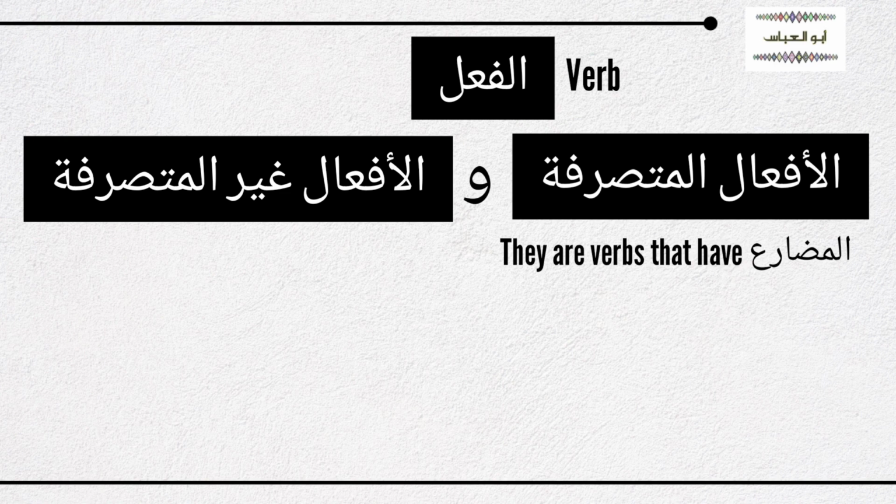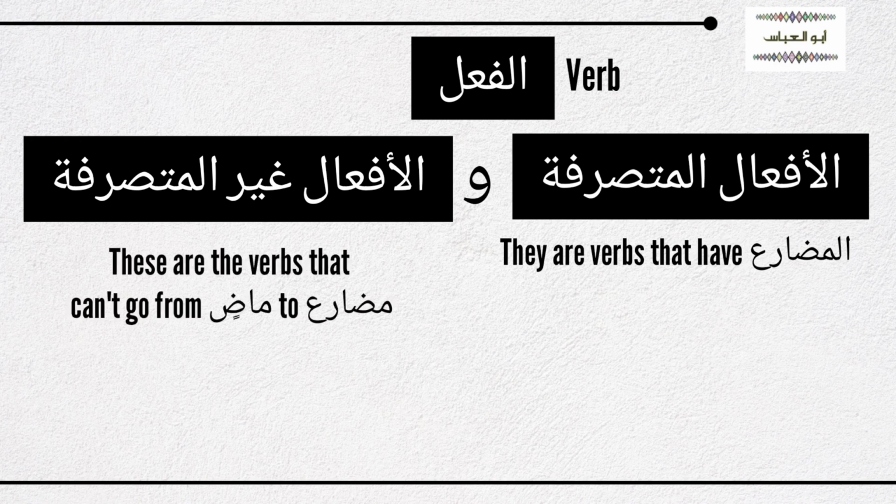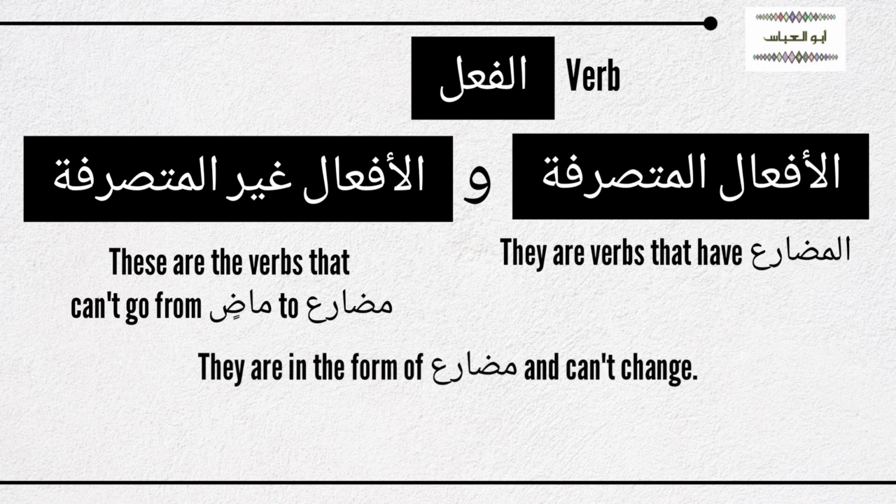The second one is al-af'al ghayr mutasarrifa. These are the verbs that cannot go from madi to mudari', that is, from past tense to mudari'. Or some of these verbs are in the form of mudari' and they can't leave that form.